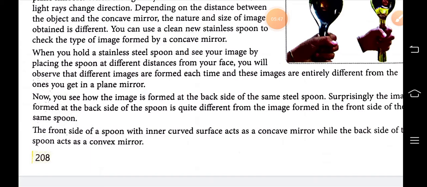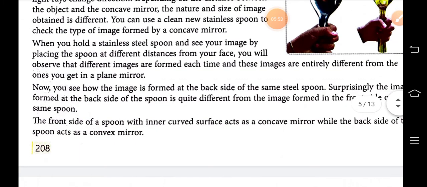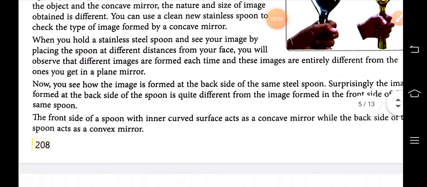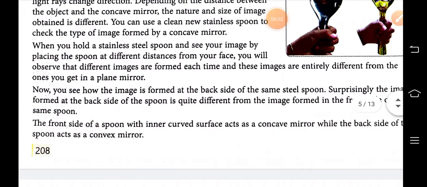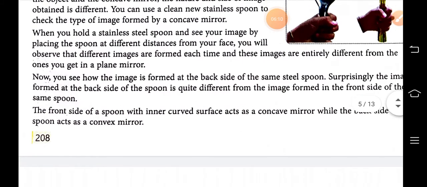You can check it at your home: take a spoon, see your image in the spoon and compare it with the plain mirror. Each time you see the image in the spoon, if you change the distance of your face from the spoon, then the image also changes.